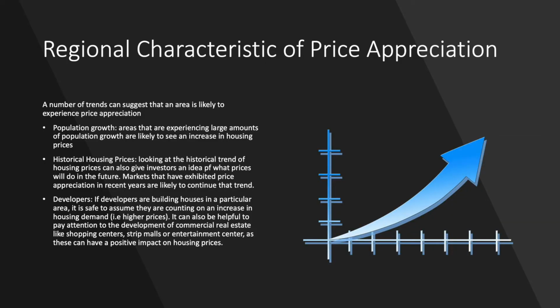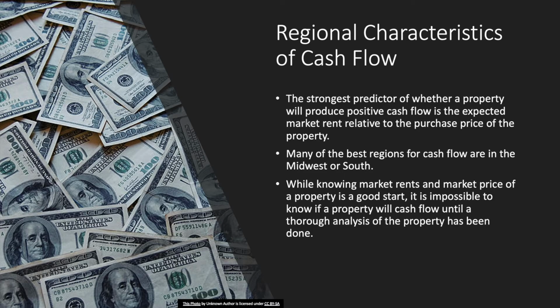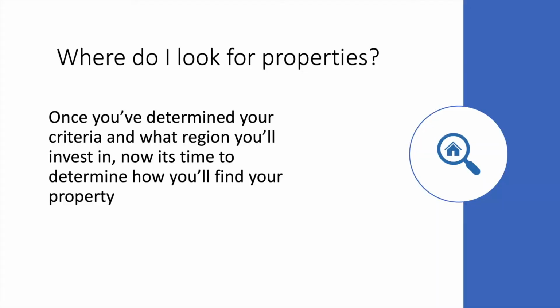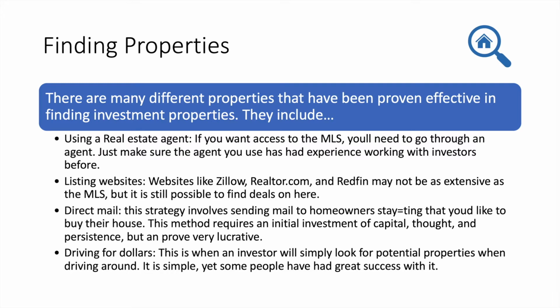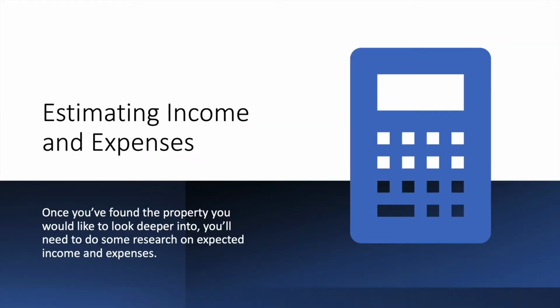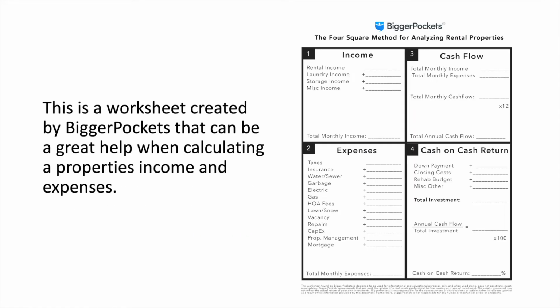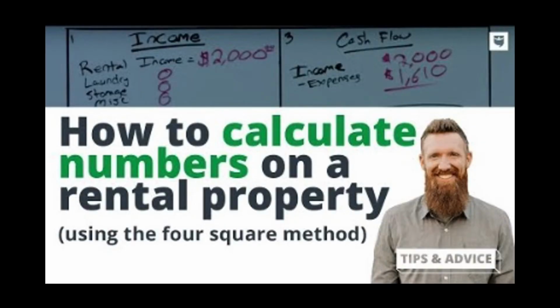We talk a little bit about price appreciation, a little bit about cash flow, and then we go into where you can look to find some properties. You've got things such as using an agent, using websites such as Zillow, and some other strategies. And finally, we go into how to estimate income and expenses for properties. Then we've got a little resource here and a video at the end.